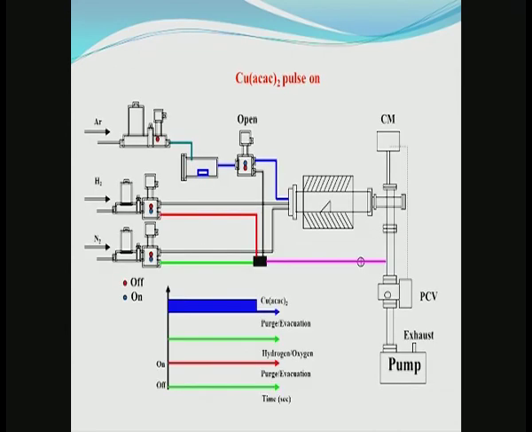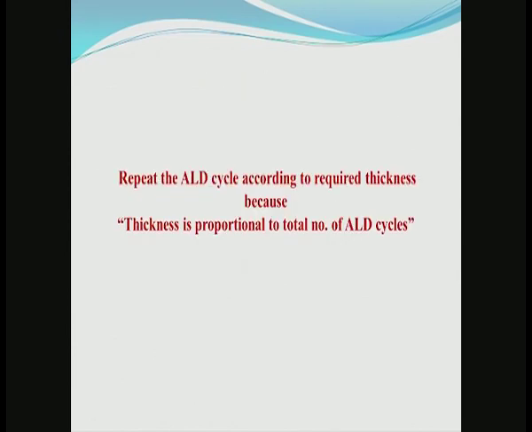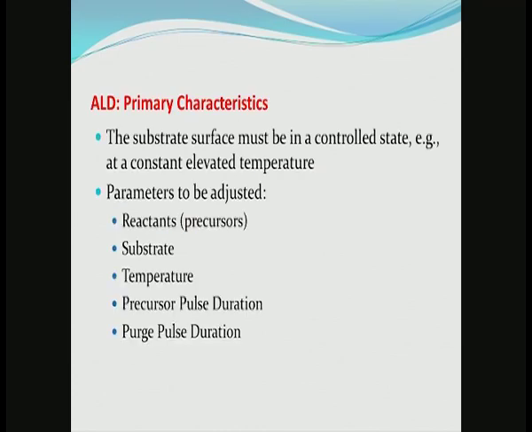What you will see is the completion of 4 parts of the cycle, and one cycle is repeated to get the desired thickness of whatever film we are interested in. So, thickness is proportional to the total number of ALD cycles. That is the primary metric we have for measuring the thickness or controlling the process.